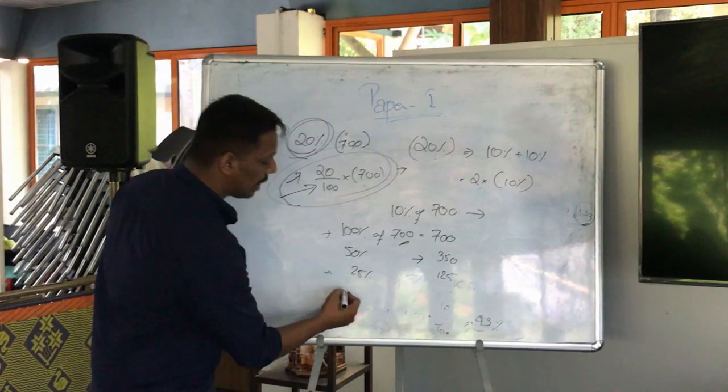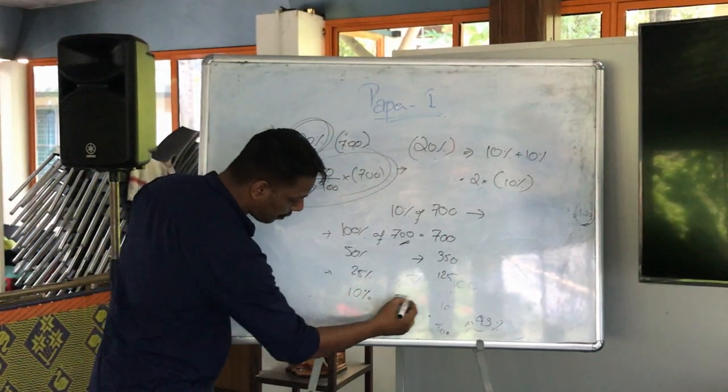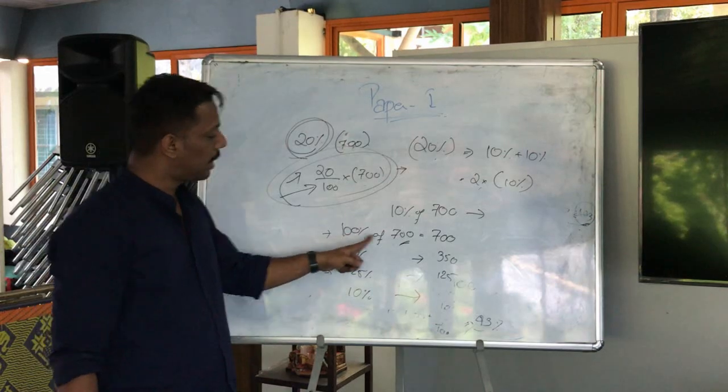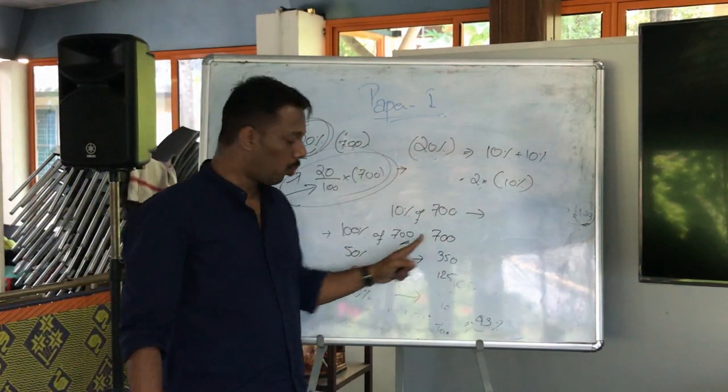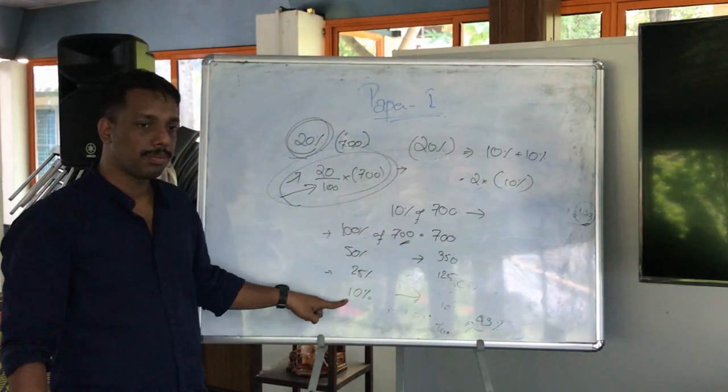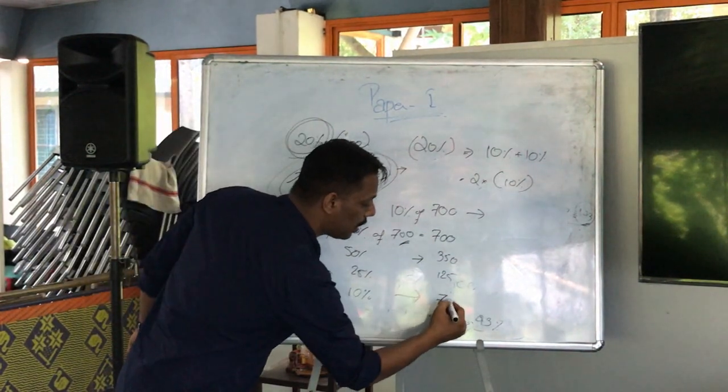Right? Then what is 10%? If 100% is 700, what is 10%? 70.